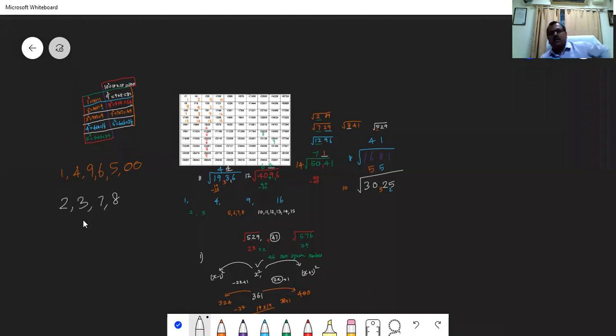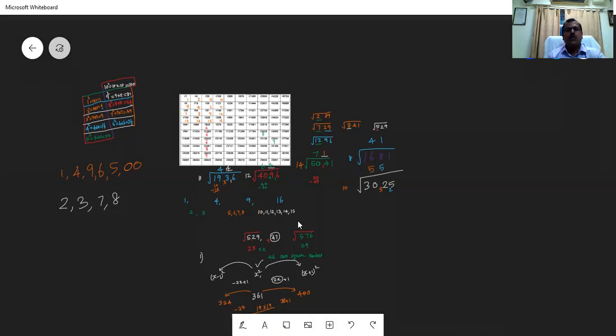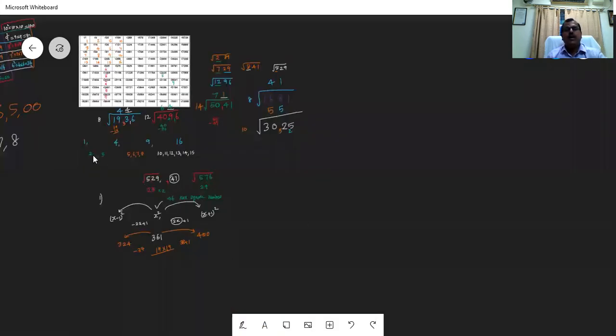It is not possible to give a square number ending with these. So I have given how the square number ends and how to find the square root of a perfect square number. Now irrational numbers. Before going to irrational numbers, how many non-square numbers are there between the square numbers?